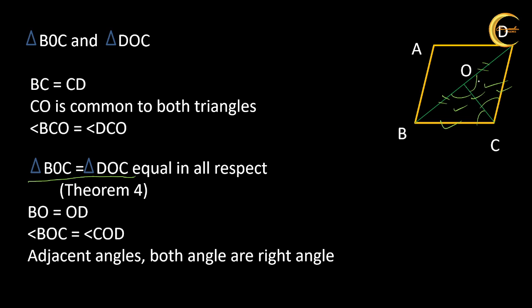Now this is a straight line, and the straight line angle is 2 pi, and these two angles are equal, so each angle should be pi. So we can say angle BOC and angle COD are right angles, and this point O is the bisector of the BD line.